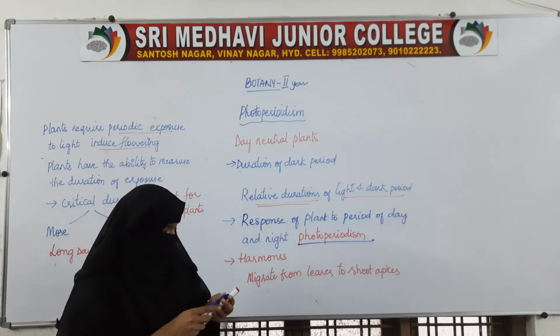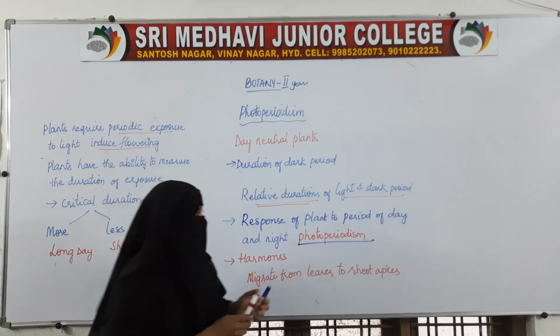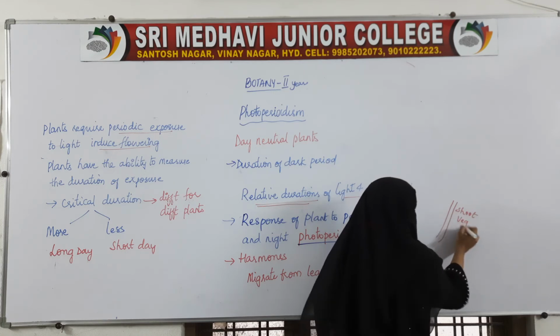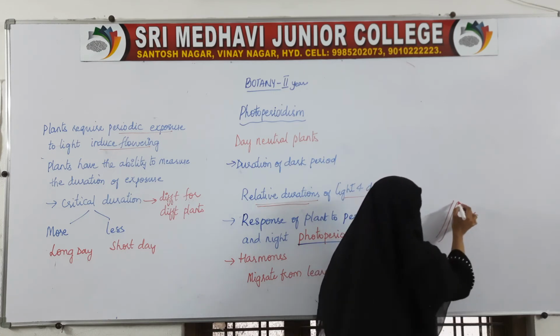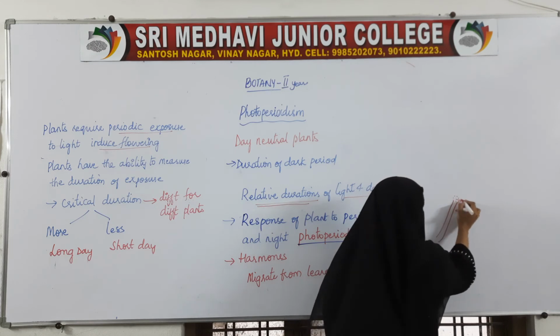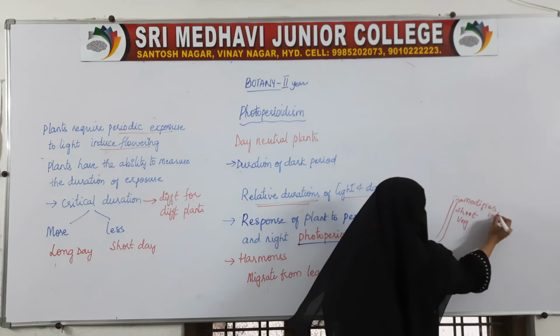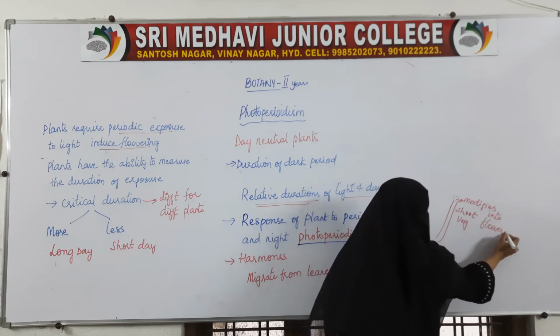In photoperiodism, for example, this is the vegetative shoot.